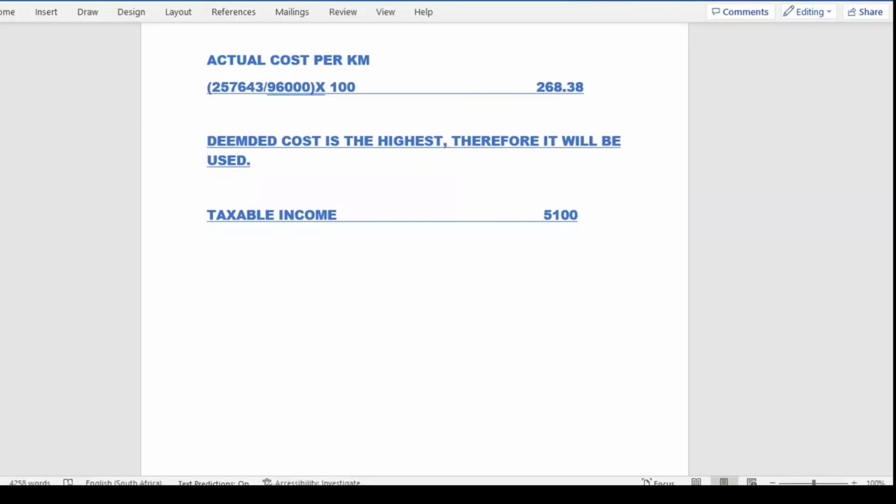After adjusting that, you look at the cost itself. If it's greater than 595,000, you limit it to 595,000 rand. If it's lower, you take that amount as it is. Like in here, we took 575 because it was lower than 595.